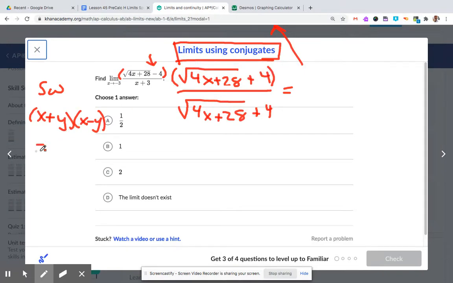That would give me x squared minus y squared, right? That's the difference of squares idea. We're going the other direction on this. So that means it's the first term squared, which would be 4x plus 28, that one squared, minus the second one squared. So 4 squared is 16.